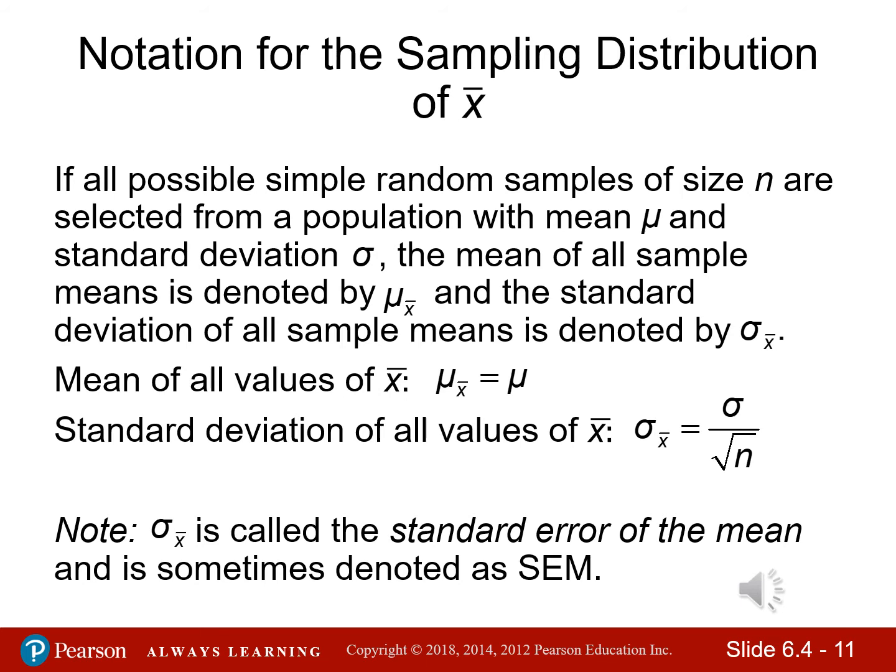And so we would say that the mean of all values of X bar, mu of X bar, is equal to the population mean mu. And we'd also say the standard deviation of all values of X bar, sigma of X bar, is equal to sigma divided by the square root of n. Note that sigma of X bar is also called the standard error of the mean and is sometimes referred to as the SEM.